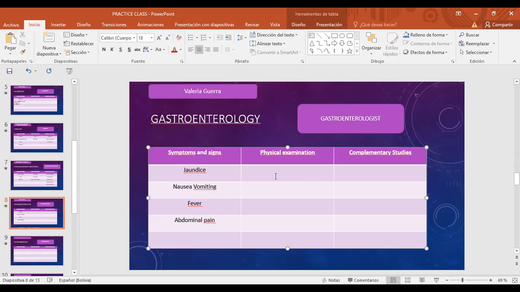And what about physical examination when you have a patient with hepatitis? What would you find if you were a doctor checking on a patient with this disease? Rash. Okay, yes, that would actually be a symptom or sign. But when you are checking on a patient during physical examination, what would you find?